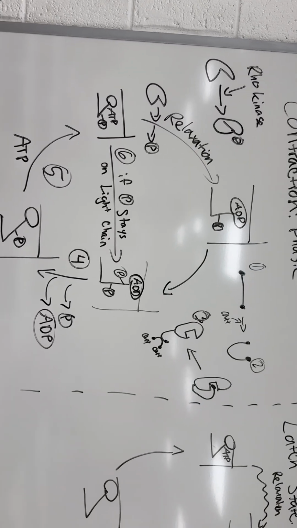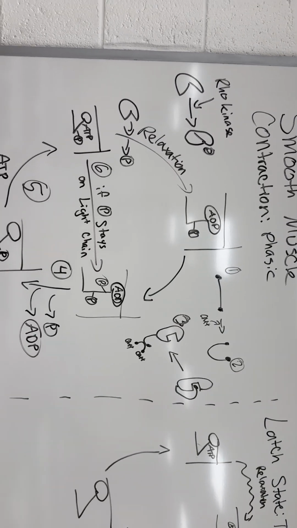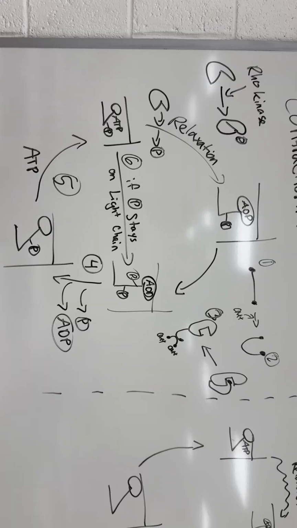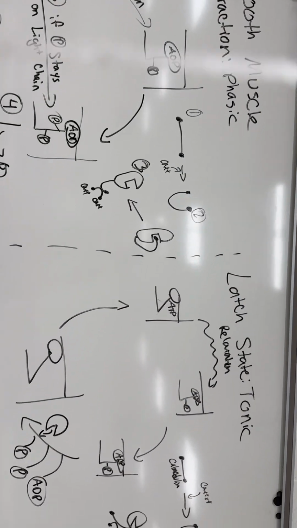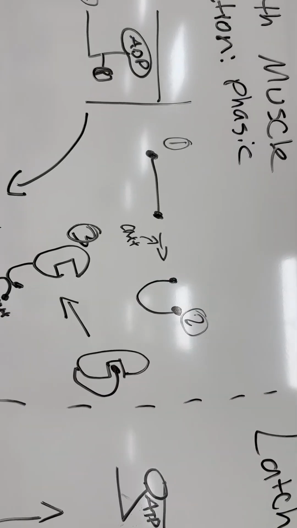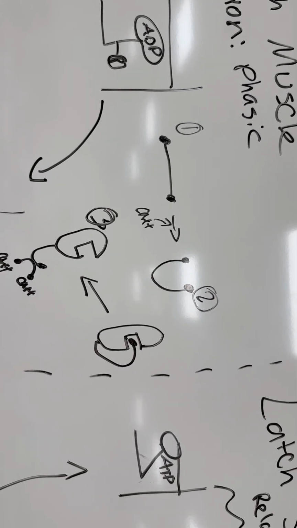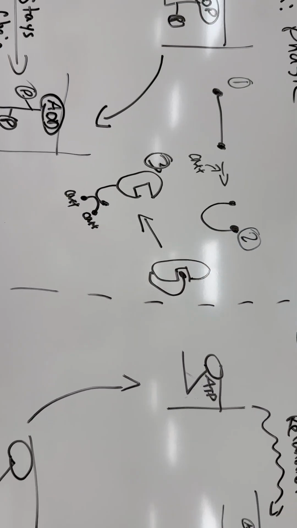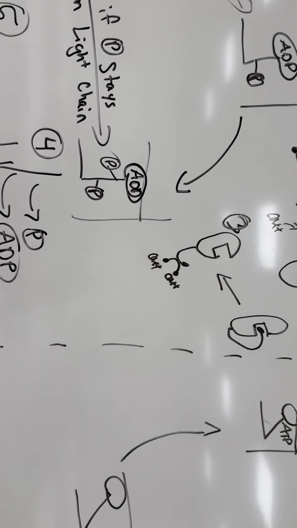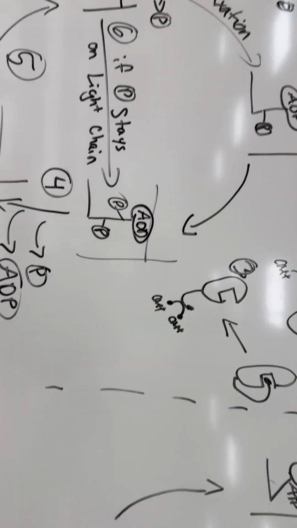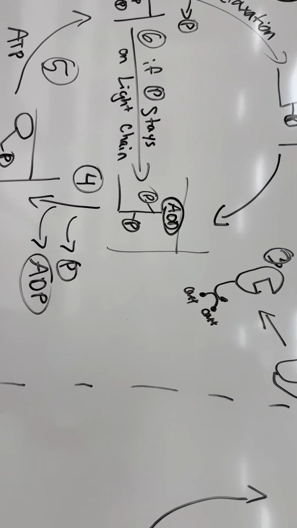So that's one example of a way that we can introduce calcium into the cell. And so we have these proteins here called calmodulin. Calmodulin has 4 binding sites for calcium. Once those get bound, calmodulin is going to undergo a conformational shift into its active form. And then we have an enzyme called myosin light chain kinase. What kinases do is they phosphorylate.